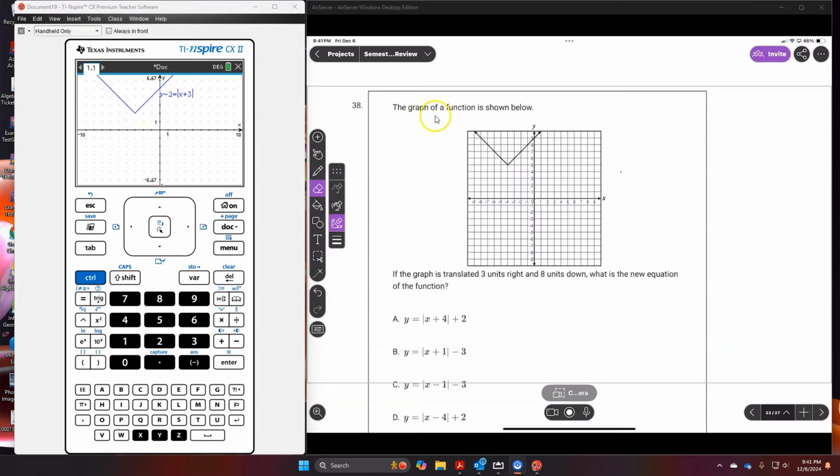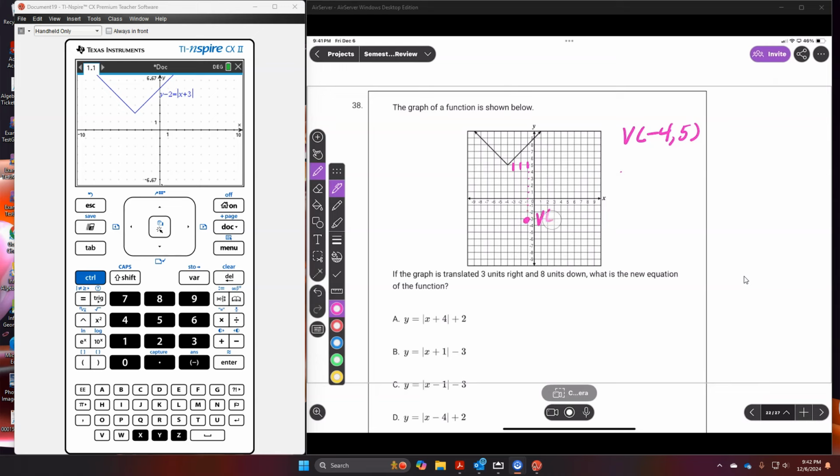It says the graph of the function is shown below. The vertex is -4, 5. It says if the graph is translated 3 units to the right, so I have 1, 2, 3, and it goes down 8 units, 1, 2, 3, 4, 5, 6, 7, 8.